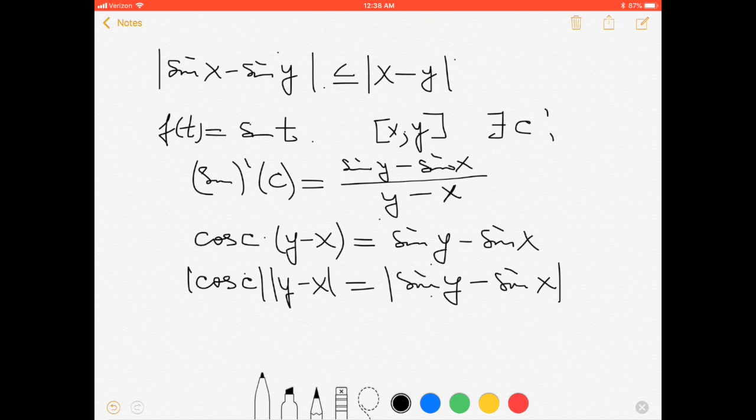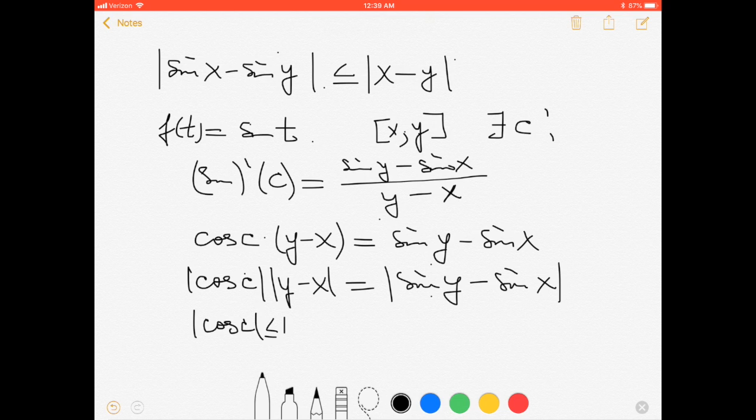The cosine function has values between negative 1 and 1. This means the absolute value of cosine c is less than or equal to 1. If I skip this factor on the left side, I substitute 1 for cosine c, which makes the left side greater than or equal to the right side.